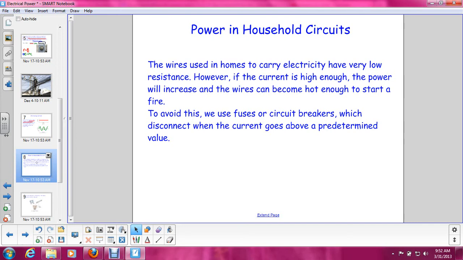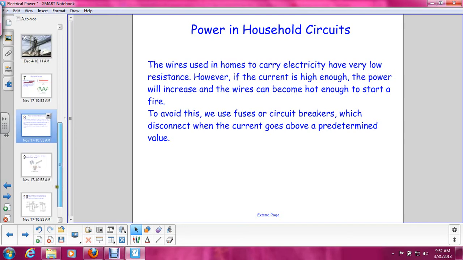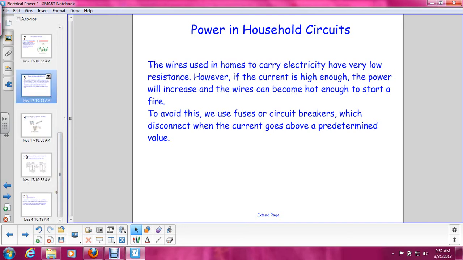We want to avoid this. So to avoid this, we use fuses or circuit breakers in our houses, and these disconnect the current going through these wires by breaking a circuit. So we know that we need a closed circuit in order for current to flow. What fuses and circuit breakers do is they break up that closed circuit and make it an open circuit, so electricity can no longer flow.